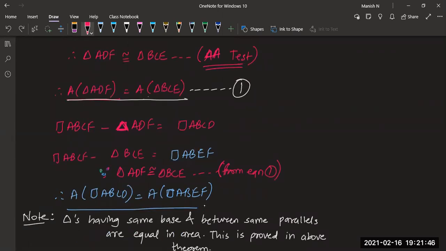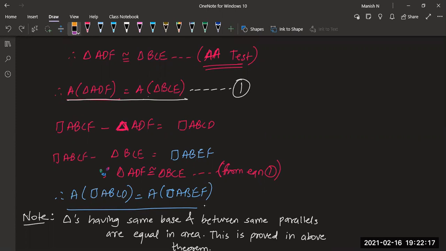We will say that the area of quadrilateral ABCD is equal to the area of quadrilateral ABEF, just by adding these two equations, right? So we can clearly see that both of these are equal in area. In this theorem, we have proved that both the parallelograms will have the same area if they are between the same base and the same parallels, right?